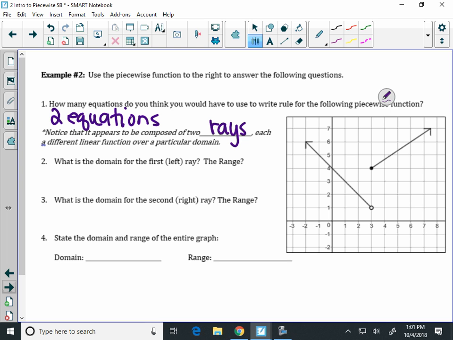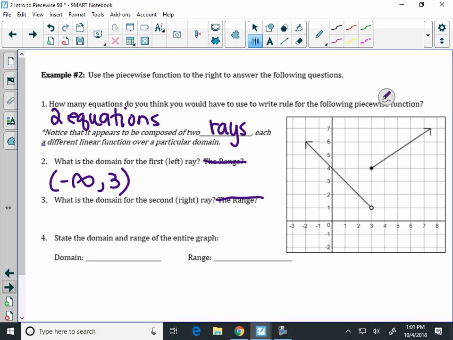What is the domain for the left ray here? What's the domain? So -infinity until 3. Okay, now I'm going to ask you to write that also as an inequality this time. Because a lot of our domains within piecewise functions are going to be written with x's as inequalities.